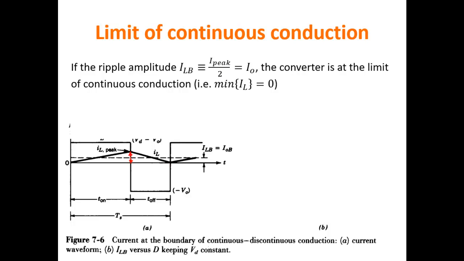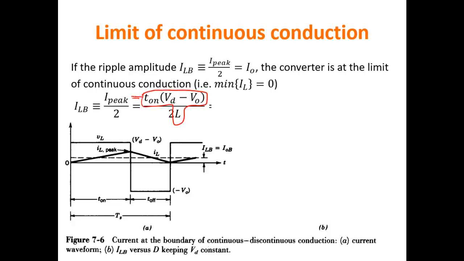So ILB, which is IL at the boundary between continuous and discontinuous conduction, is equal to half the peak. And we already had the current at the peak, because we could compute it during T on. It is T on times the derivative of the current during T on, which is Vd minus Vo over L. So this is Ipeak divided by 2.